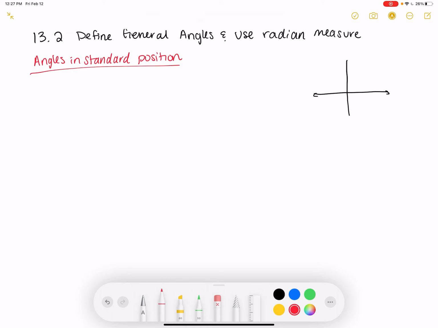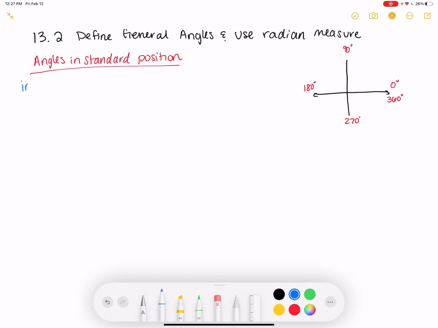And this is going to be 0 degrees, 90 degrees, 180 degrees, and 270 degrees, and then 360 degrees all the way back around over here. Okay, and it would just keep going, but we only need that part for now. So as I write definitions, we'll write stuff in.